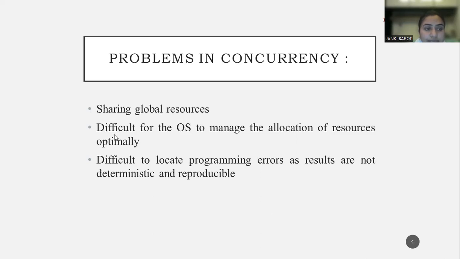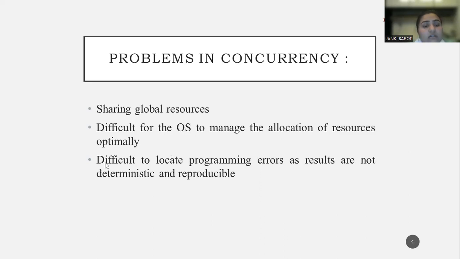Next, it is difficult for an operating system to manage allocation of resources optimally. It is obvious that the operating system will manage how and when which process will be executed first, so it is difficult for the operating system to manage this.